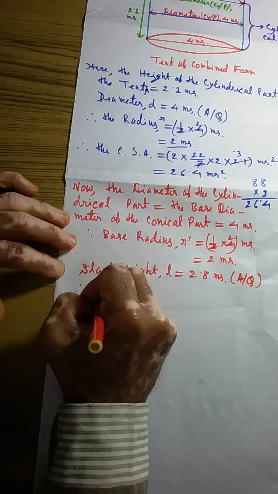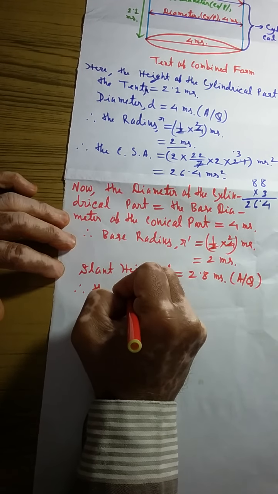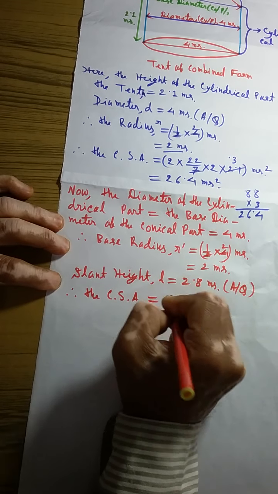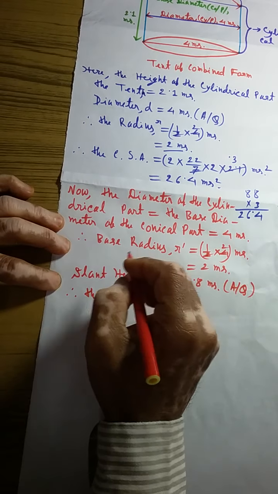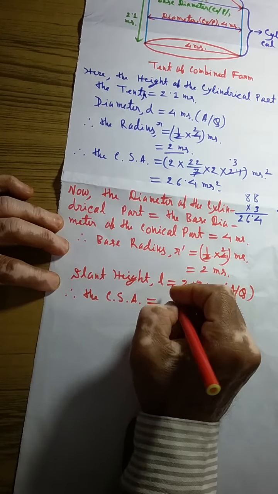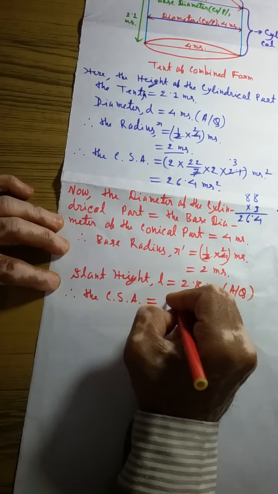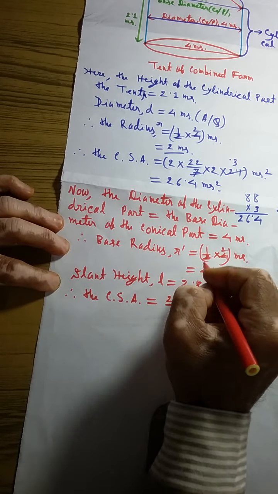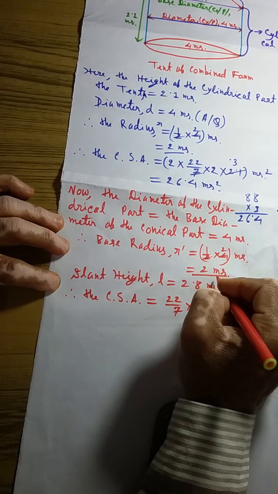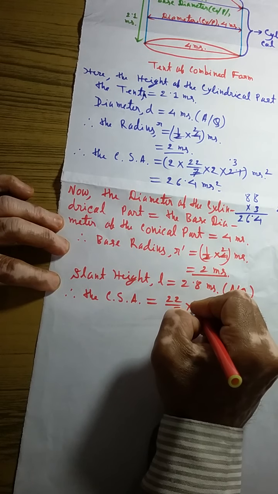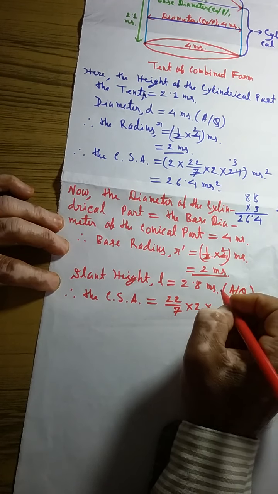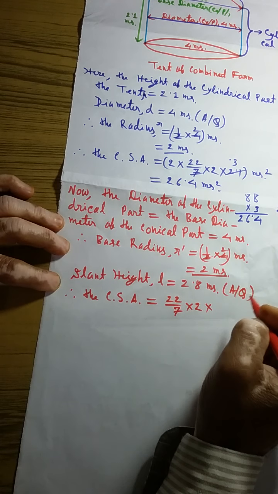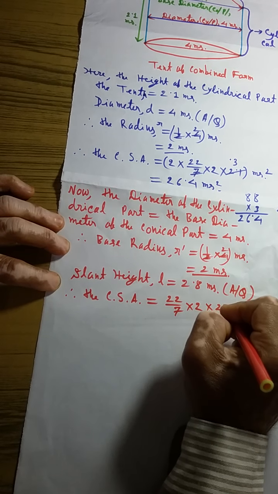Therefore the curved surface area of the conical part is equal to πrl, that means 22/7 into r dash, here 2 meters, into slant height L, 2.8 meters.